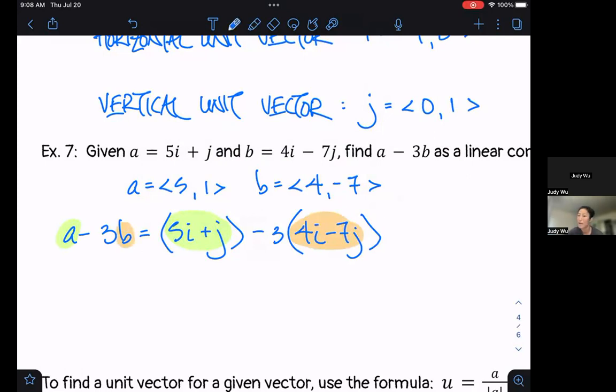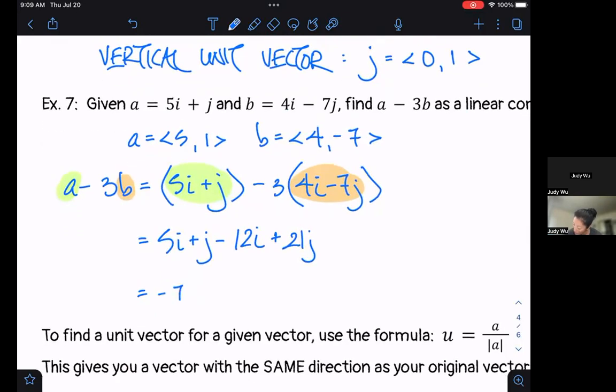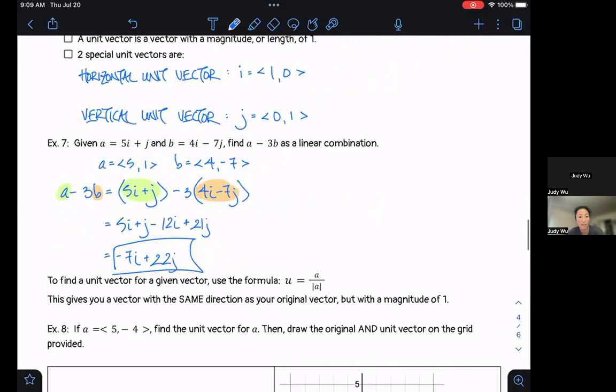Now it looks a lot like the problems we started off with in some of the earlier videos where we're just going to do some arithmetic. So we get 5i plus j minus 12i, and being careful here, we don't have minus 21j, we have plus 21j. We combine our like terms, we get negative 7i plus 22j. And that is the linear combination of our vectors A minus 3B.